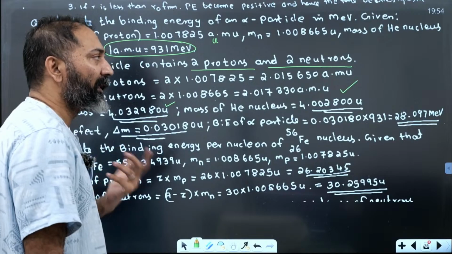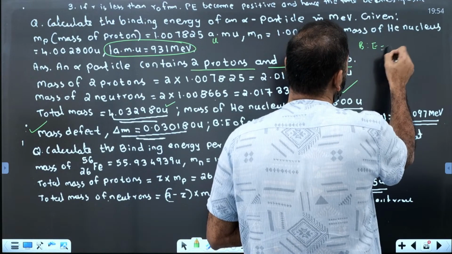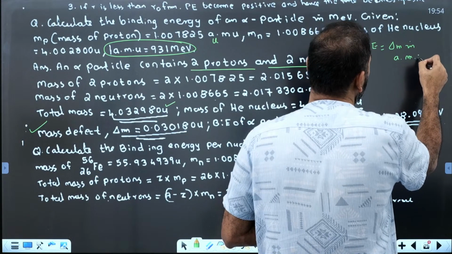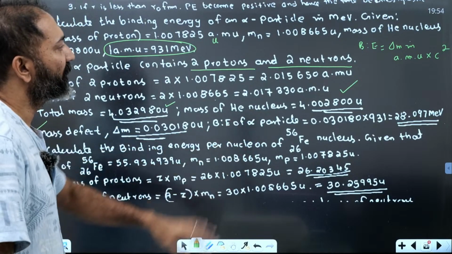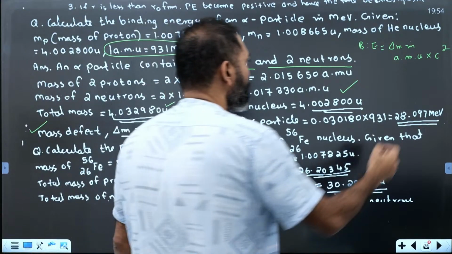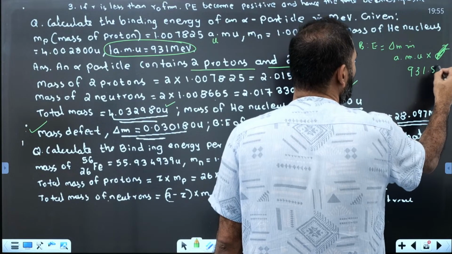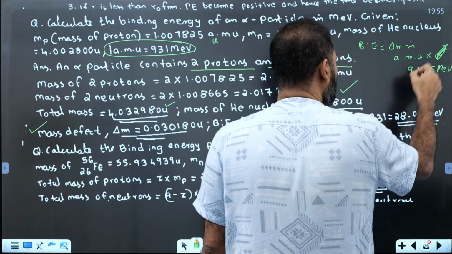So what is the binding energy of alpha particle? How to find out binding energy? Mass defect in AMU into C square. That C square, if you solve that, energy equivalent of 1 AMU is what? 931.5 MeV is the standard formula.